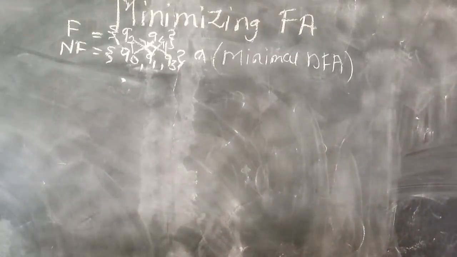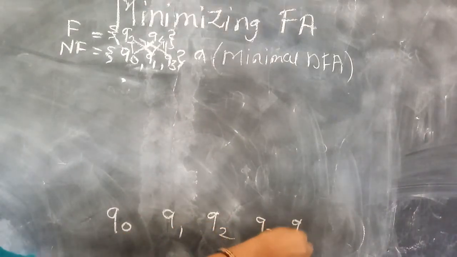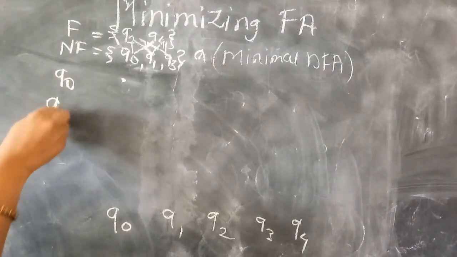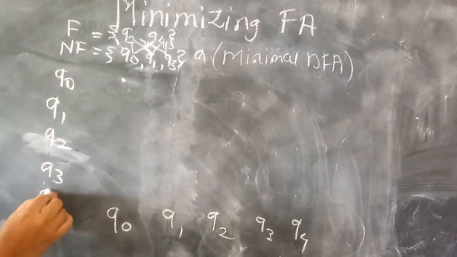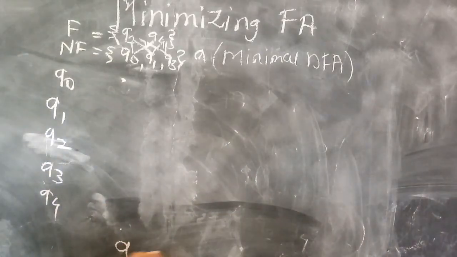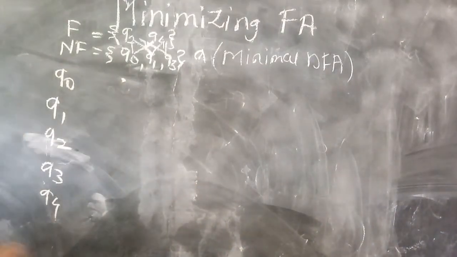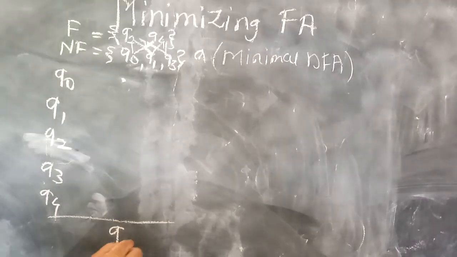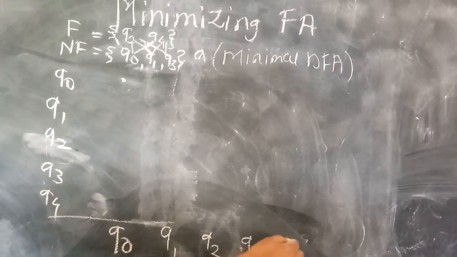You have to write all the steps in tabular format, that is Q0, Q1, Q2, Q3 and Q4, again Q0, Q1, Q2, Q3 and Q4.